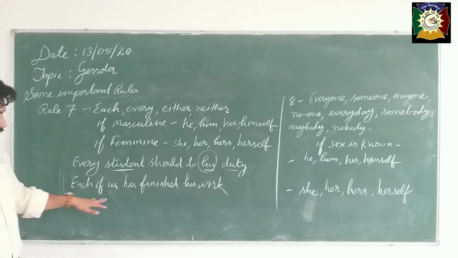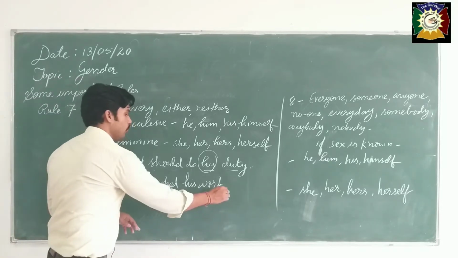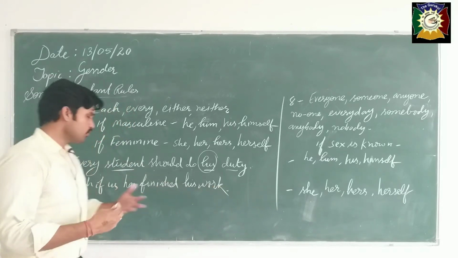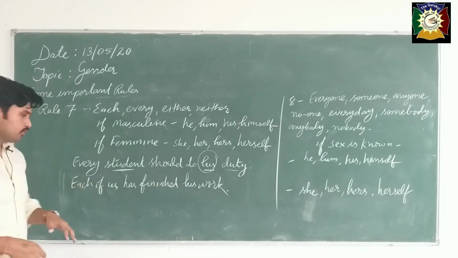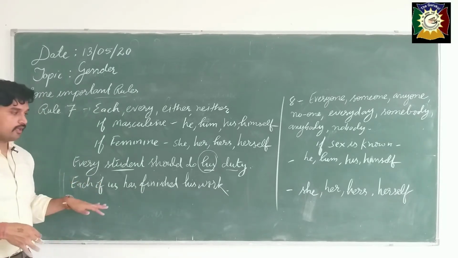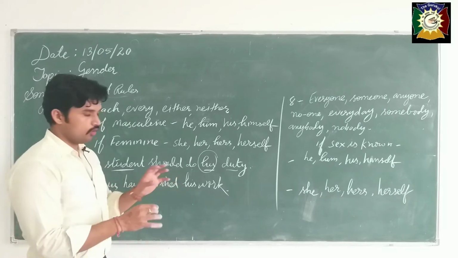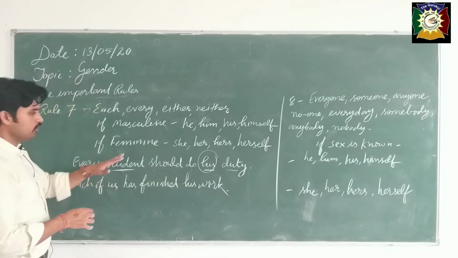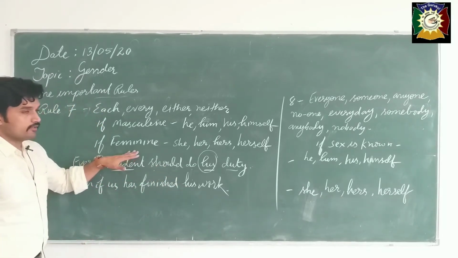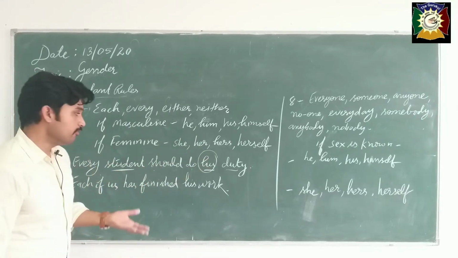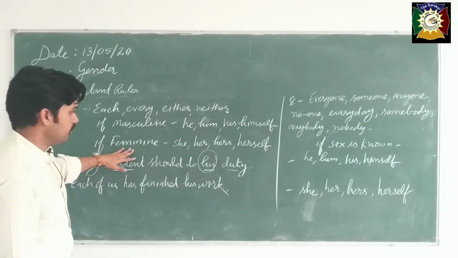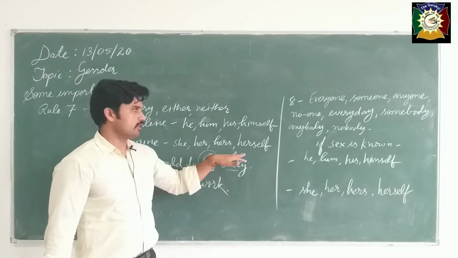Each of us has finished his work. Each of us, suppose we people, each of us has finished his work, so these are correct. On the other hand, as I have told you, when you come to know that the people are of female or feminine gender, then you use she, her, herself.